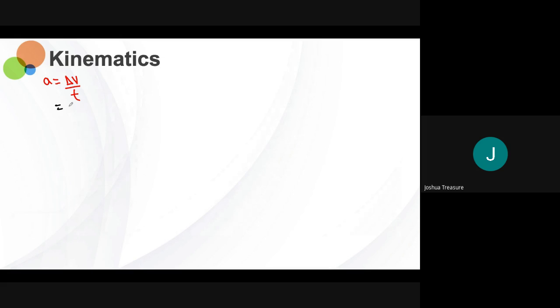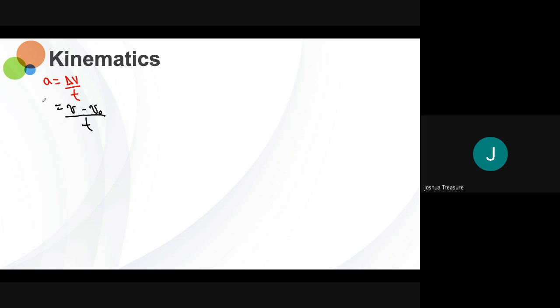So it's a equals something like this. This would be for velocity, to differentiate between velocity and voltage. Sometimes it might mix up. So the final V minus the initial V over T. All right.